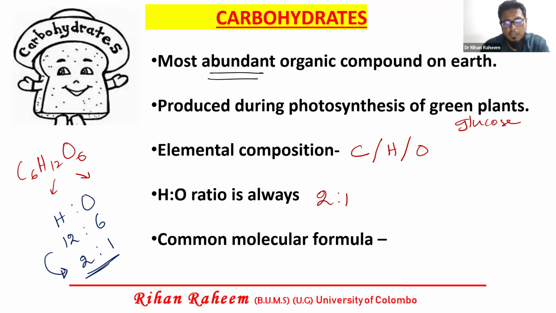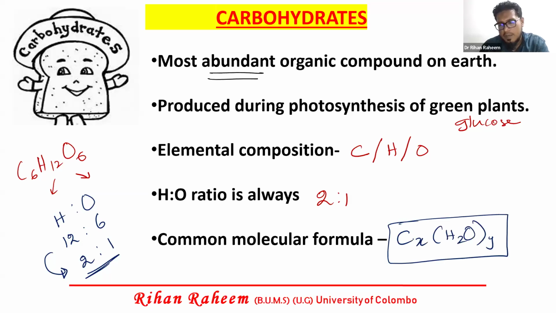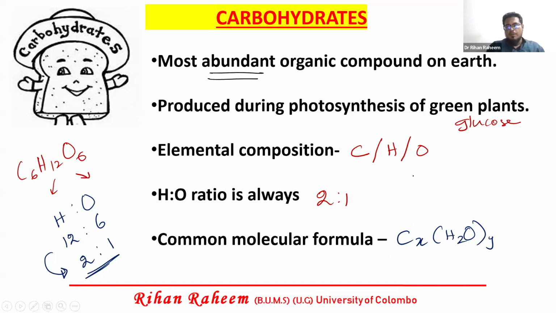And the common molecular formula is CxH2O Y times. Don't worry about this. Just memorize this part. When we go to the other examples of carbohydrate and you have more formulas, you will understand this clearly. Are you clear about the basics of carbohydrate?